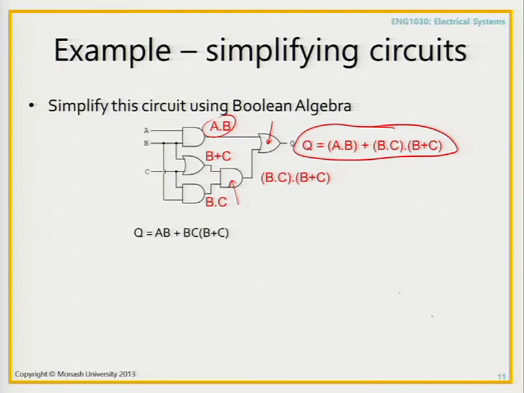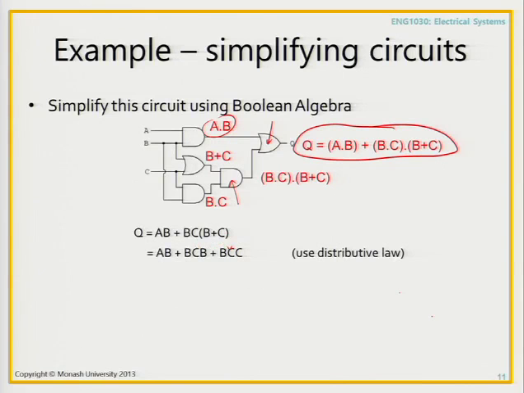So here's our function, AB plus BC times B plus C. What could we do? Well, we could use the distributive law. So over here, you've multiplied through BC on both sides, and so this is BCB plus BCC.